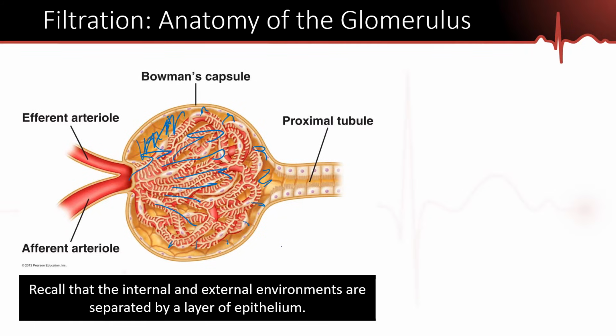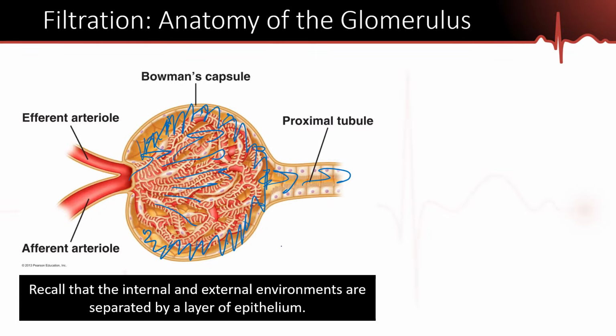Okay, so now we have all of this blood plasma inside of Bowman's capsule. And you think, well, where is the blood plasma going to go? Well, it's going to travel from Bowman's capsule and begin to enter the rest of the nephron. If you remember, what comes after Bowman's capsule is the proximal convoluted tubule.